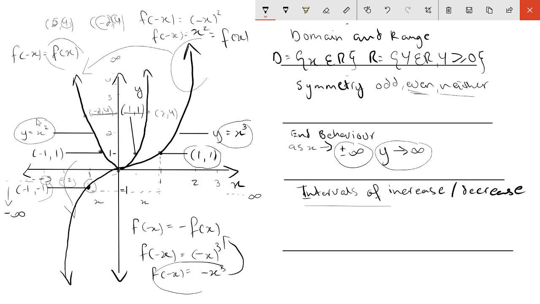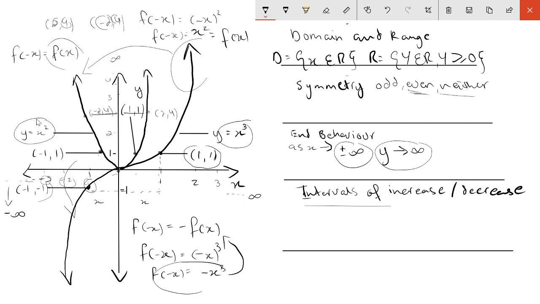At -2 the graph has decreased more, at -1 it's decreased even more, and at 0 it's neutral at one point. So the graph was decreasing all the way from negative infinity to 0, and then from 0 onwards the function seems to be increasing. At 1, the function is at 1, at 2 it's at 4, at 3 it's at 9, at 4 it would be at 16, and as x approaches infinity, y approaches infinity.